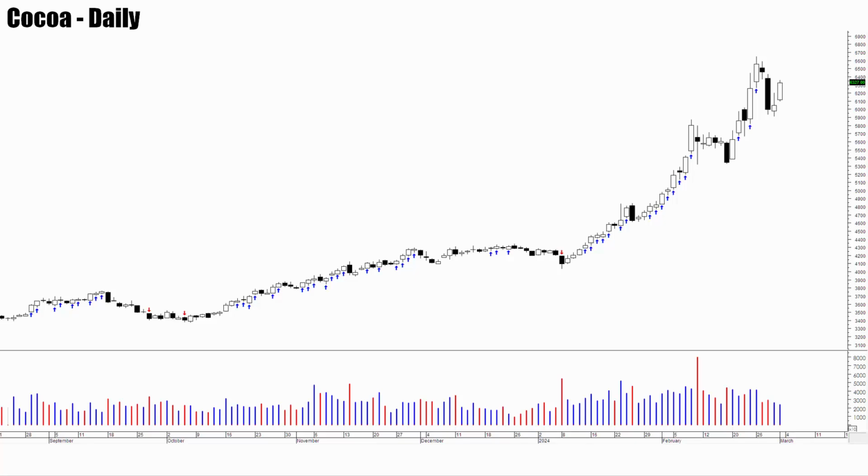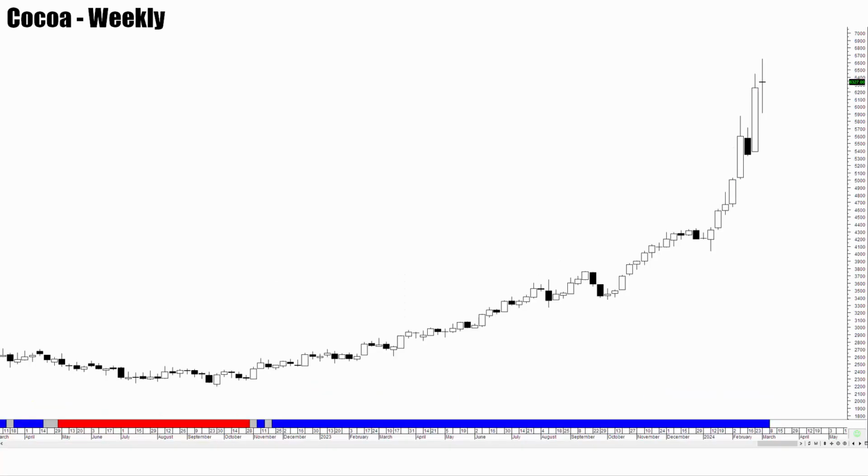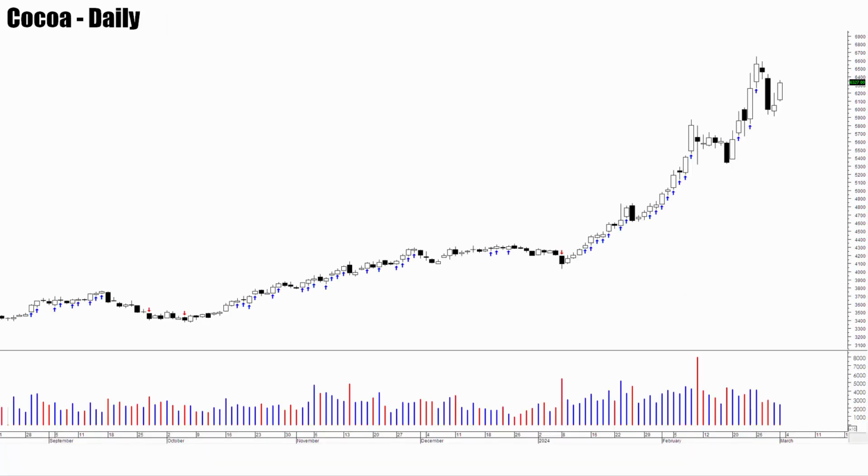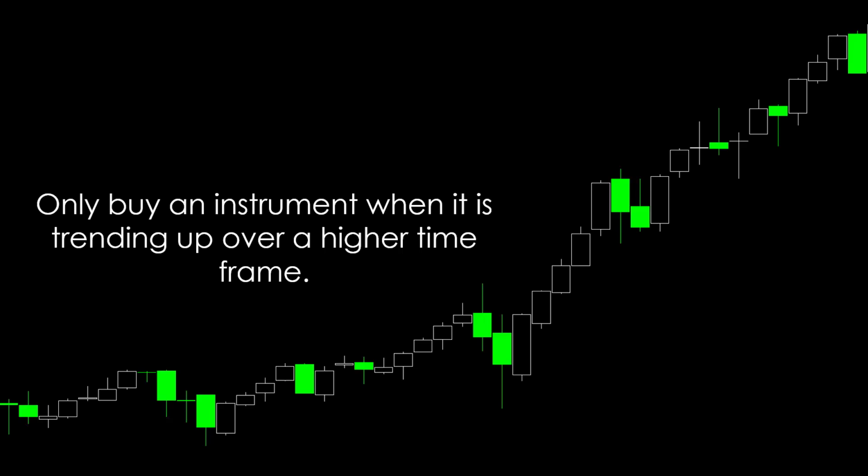When we look at this chart, the bulls are in charge. And when we drop back to the weekly time frame, this is reinforced for us. So within the weekly chart, what we're looking for are signals to go along with the daily if we trade this instrument over a daily time frame. So simply to repeat, you only buy an instrument when it is trending up over a higher time frame.